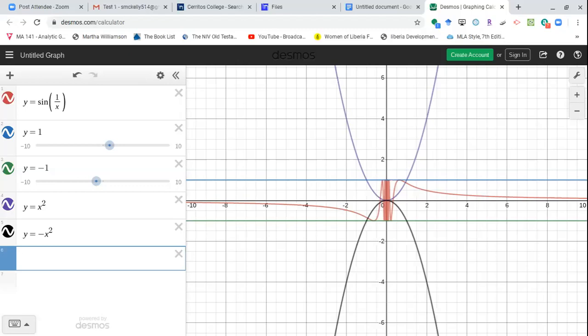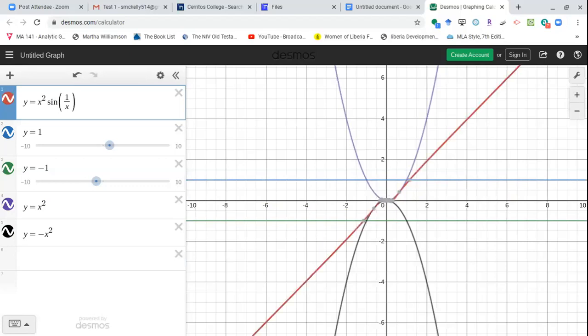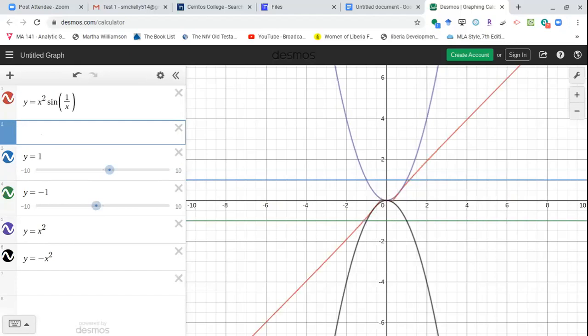Because actually now we're looking at x squared sine of 1 over x, right? So now we're looking at that curve, because we multiplied by x squared. Let me hide these. We don't need these lines anymore.